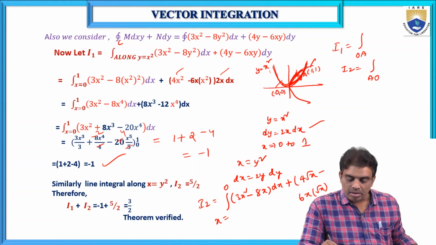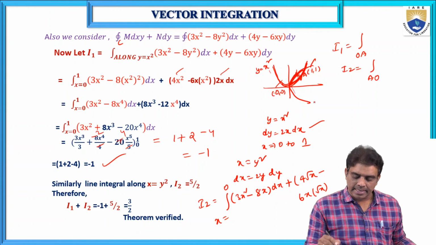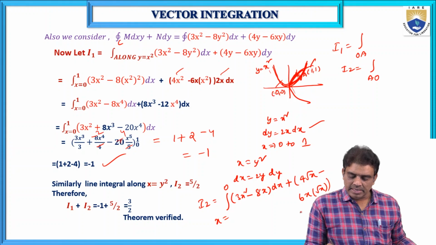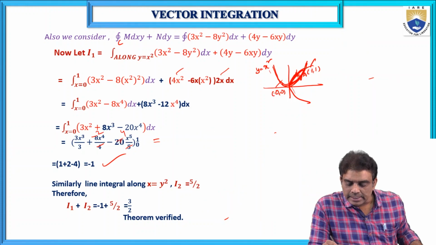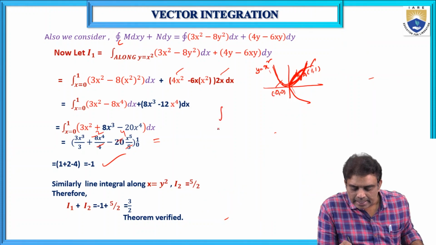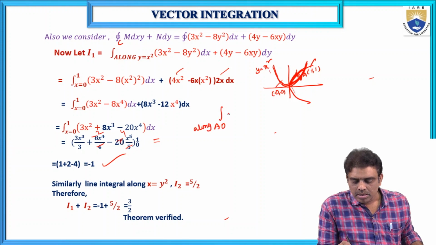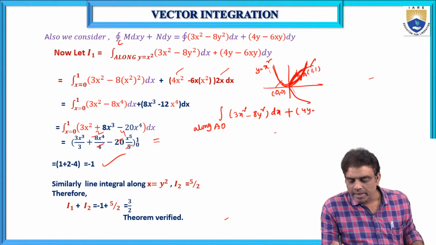along the curve. This is the curve, along the curve y square is equal to x, right? Into dy. What is dy? 2y dy. Or you can replace x for y square. I will write here, this is along AO. Integral along AO, the function 3x square minus 8y square dx plus 4y minus 6xy dy.